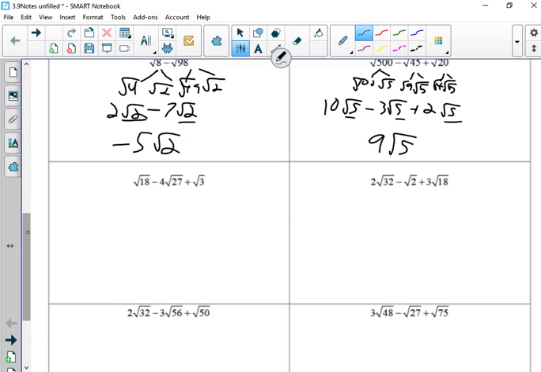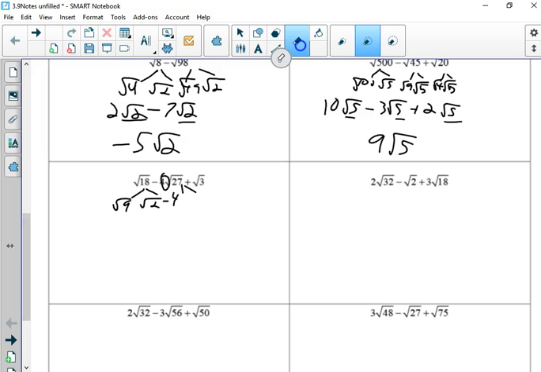18 breaks down to 9 and 2. Minus 4. Gotta leave that. Don't lose that 4. And then this breaks down to 9 and 3. 9 and 3. And this doesn't break down at all. So it just carries down.